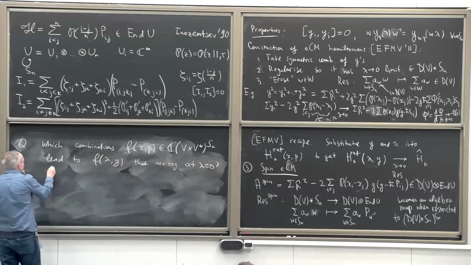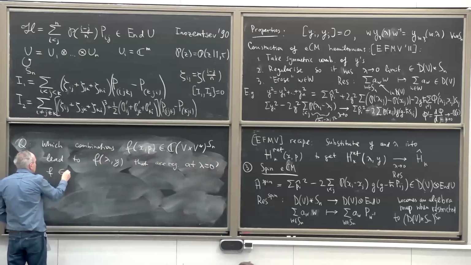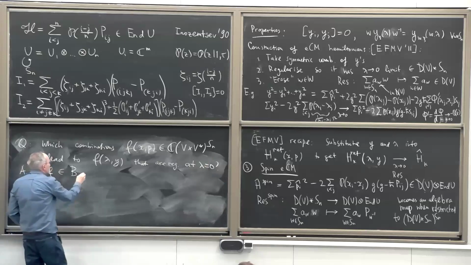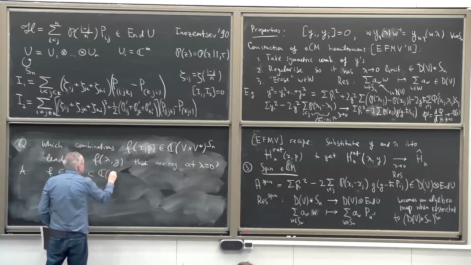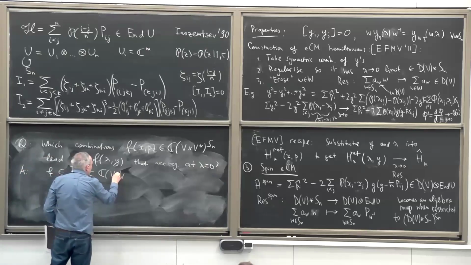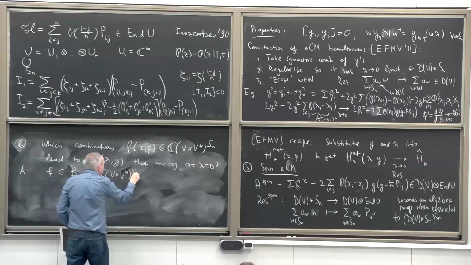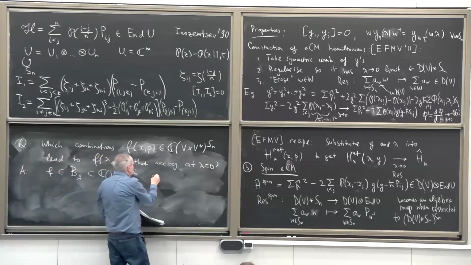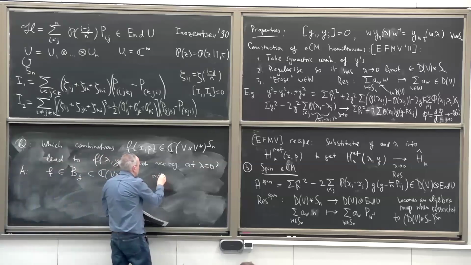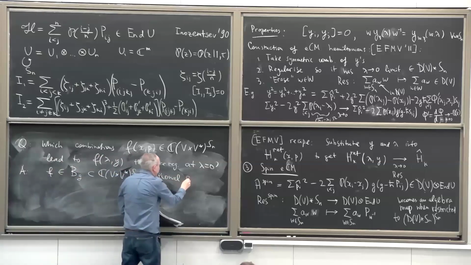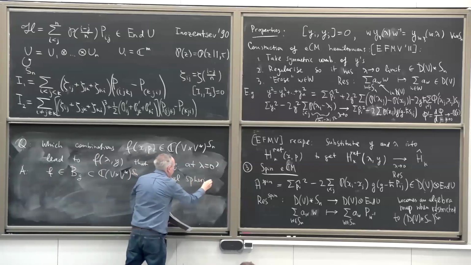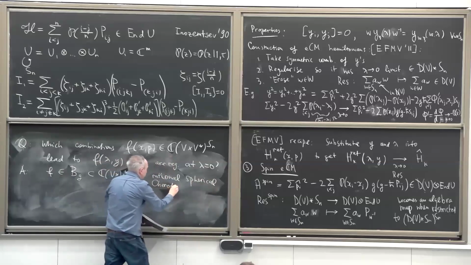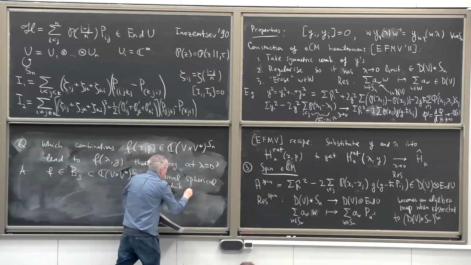So the answer: F should be in what I call BG, the spherical rational Chalykh subalgebra.